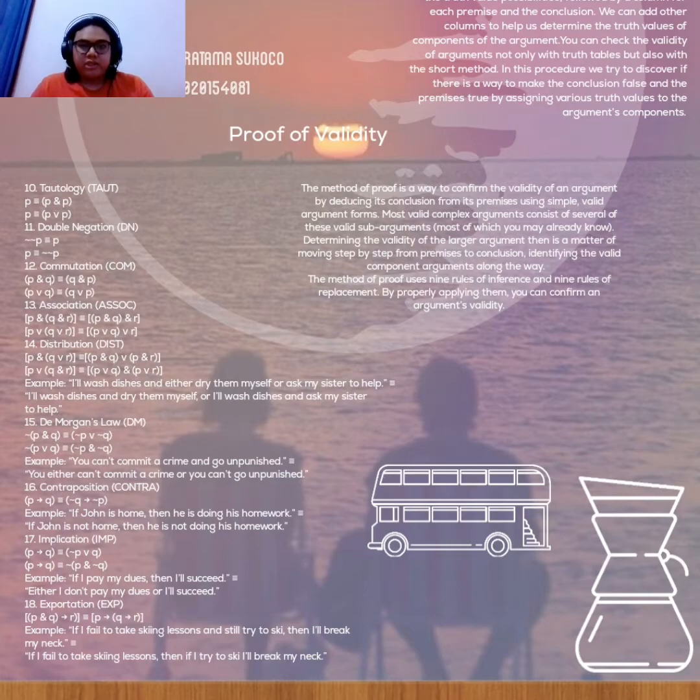Determining the validity of the large argument then is a matter of moving step by step from premises to conclusion, identifying the valid component arguments along the way. The method of proof uses 9 rules of inference and 9 rules of replacement. By properly applying them, you can confirm an argument's validity.